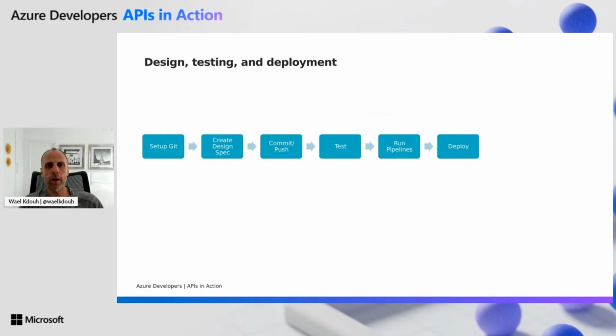You're working with specific API specifications, like your OpenAPI specification, or even, if you're an operator, you could be working with a policy. There are certain extensions in IDEs like VS Code which even allow you to debug some of these policies, make sure they're working fine.